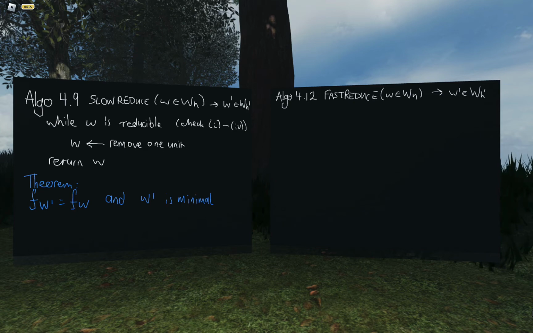I guess I should point out what's wrong with slow reduce. Why is it slow? Depending on exactly how you implement this high-level sketch, you might be looking at checking each of the conditions in each iteration in that first line, checking whether or not W is reducible.